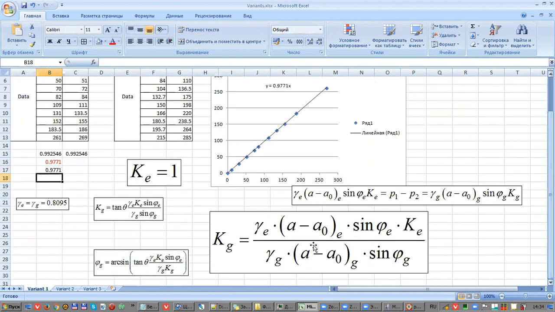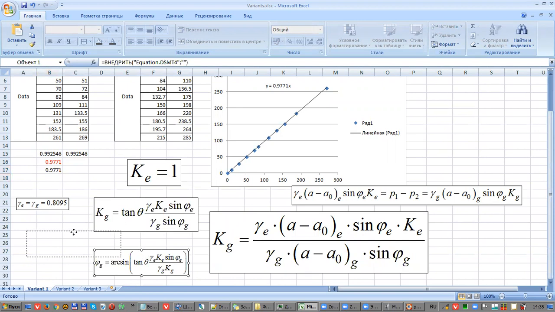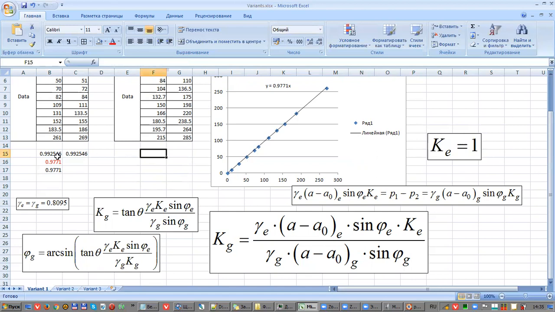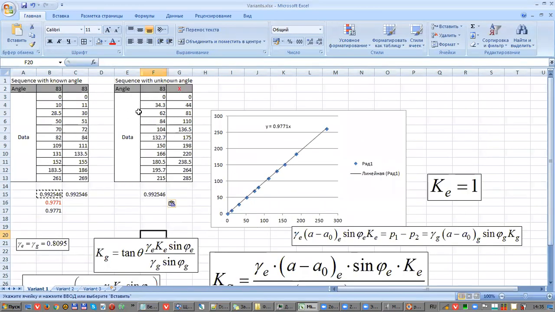From this formula, by rearranging values, I can also obtain this angle. So in these cells, I put the value of sine like this, and I need different tangents. For this set of data, I need the same coefficient.